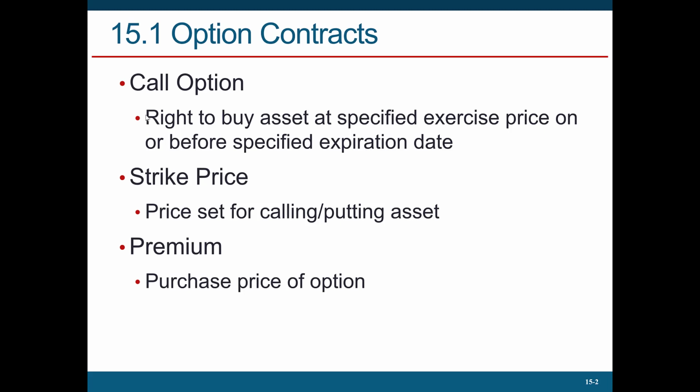So if you think about stock options, just for the sake of discussion, we'll continue to focus on stock options. So our underlying asset is the stock. All right, so if you think about say IBM or Microsoft, right? So IBM shares, when you buy a call option on IBM, it gives you the right to buy a share of IBM at a fixed pre-specified price, irrespective of IBM's actual market price.